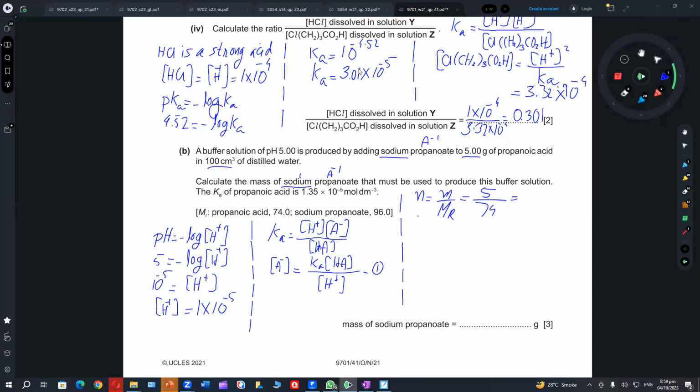So you got the moles to be 0.067. Good. And the volume is 100 cm cube.